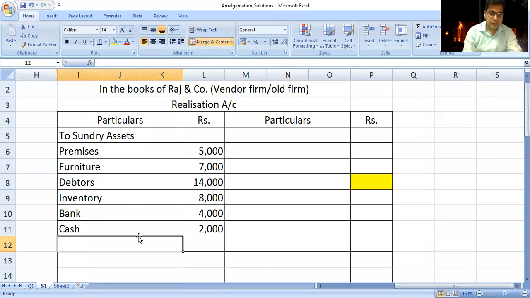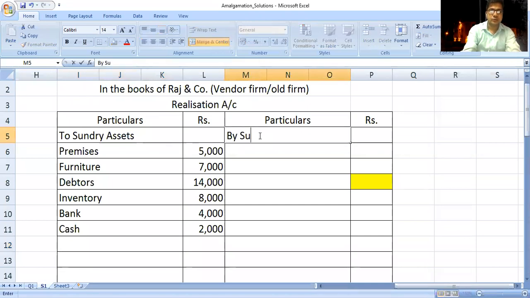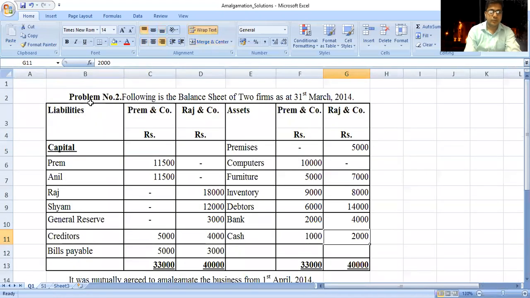Then after that, the next general entry we have to pass: sundry liabilities are also transferred to the realization account. Whenever the liability is transferred, it is credited to the realization account. In our problem, the liabilities of Raj and Company are creditors 4,000 and bills payable 3,000. These two liabilities are there.